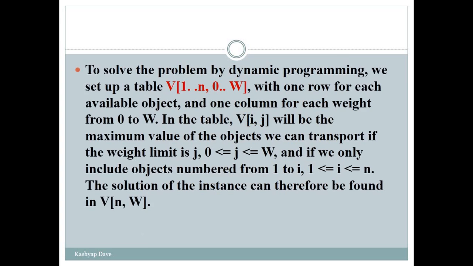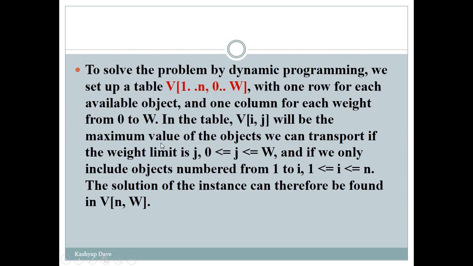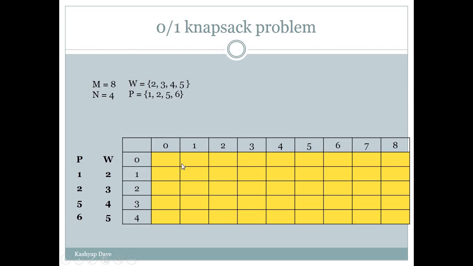So this is the criteria for which we will create a table V. We will understand all this with an example. Here M is equal to 8, which means M is our knapsack capacity.